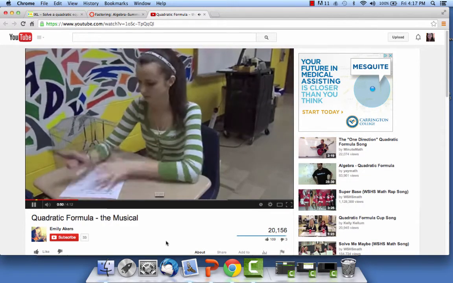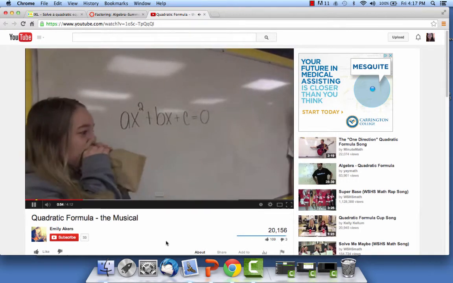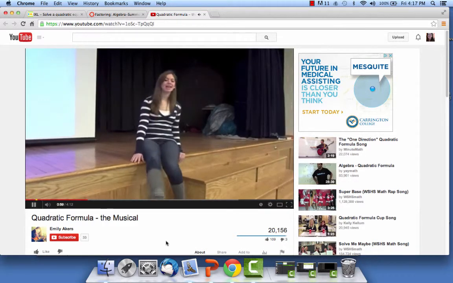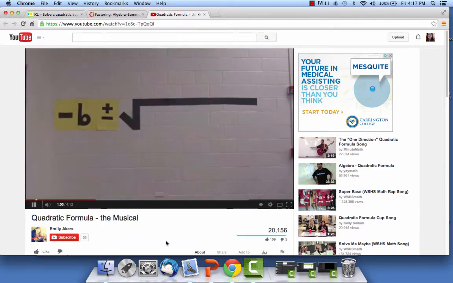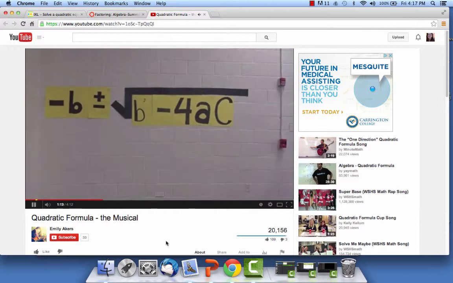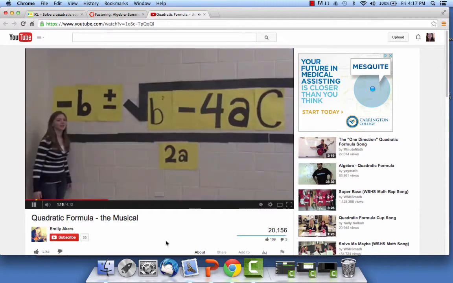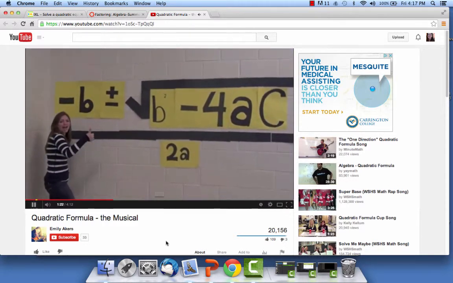Racking my brain, but I still don't have a clue. I start to panic, but then I see, to solve for x, it's negative b plus or minus square root b squared minus 4ac, all over 2a. The quadratic formula is gonna help me out.